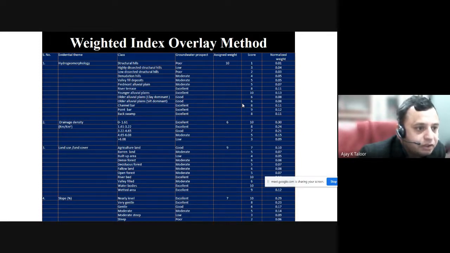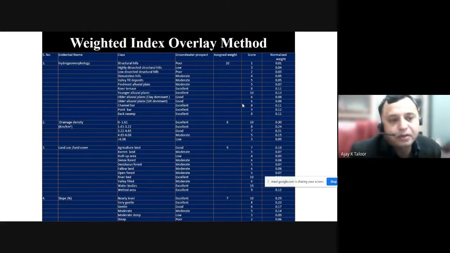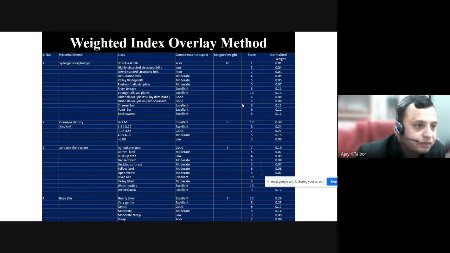If you see the younger alluvial plains, where the water availability is very high, we have given it 10. The older alluvial plains and river terraces we have given 8, or 9. Based on their applicability and importance to groundwater, where the water occurs, we provide scores to the individual classes.